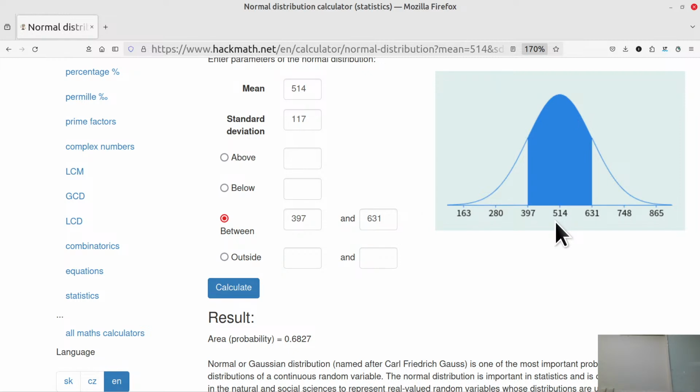Thus, we can see the blue area between those 2 values. Now, use the next function, outside. You will see the blue area in the left tail and right tail. So what's the resulting area? You can imagine that is 1 minus 0.6827. That will be the answer.